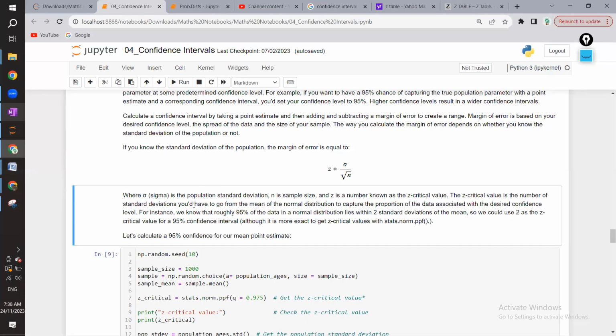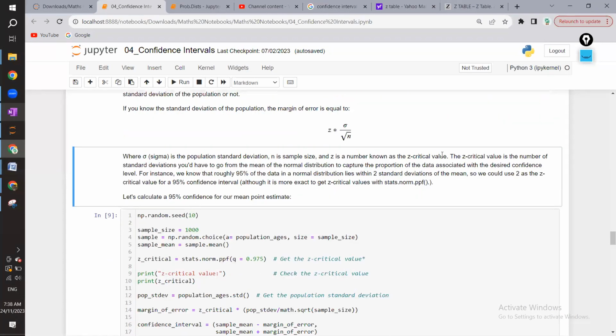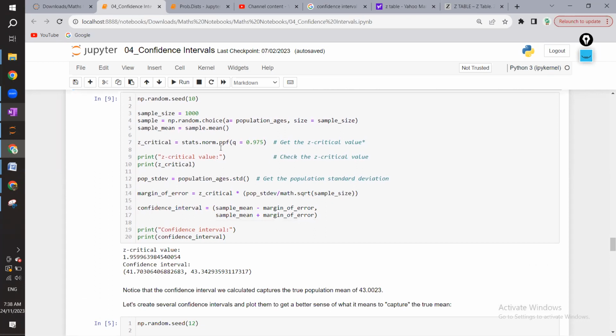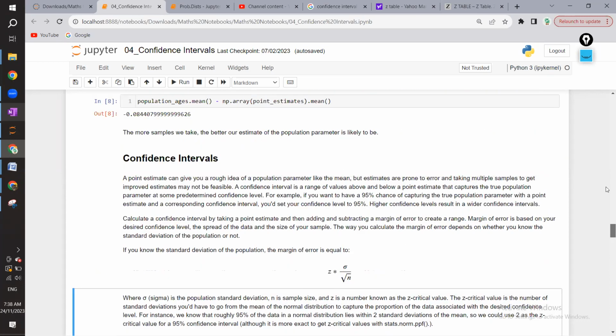Now z is the critical number of standard deviations you would like to go from the mean in the normal distribution to capture the population mean, and for 95% confidence, roughly we go to 2 standard deviations. We'll see. Let me give a recap of our example.